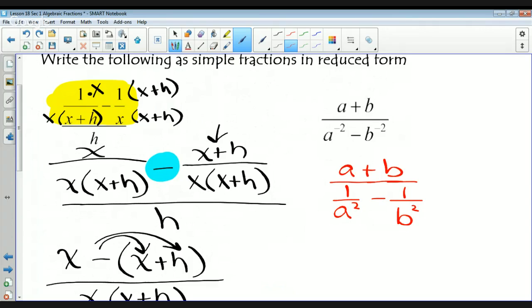So on this one, what do you think I'm going to suggest you simplify first and clean up? Yes.